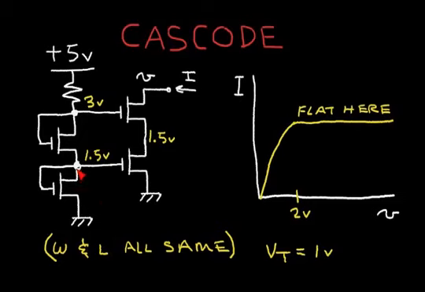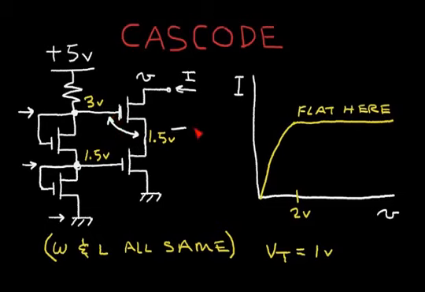Now if we analyze the voltage, we start at 0 volts here, and our V gate to source is 1.5 volts. So this is 1.5 volts. And we go up another V gate to source, which is going up another 1.5. So we have 3 volts at the gate of this particular transistor. Now we know that since all the geometries are the same, this voltage here, V gate to source, is 1.5 volts.